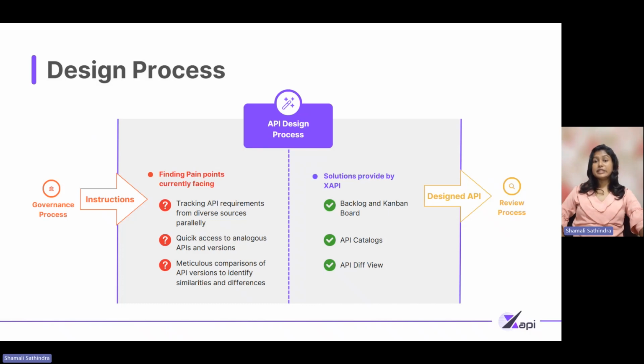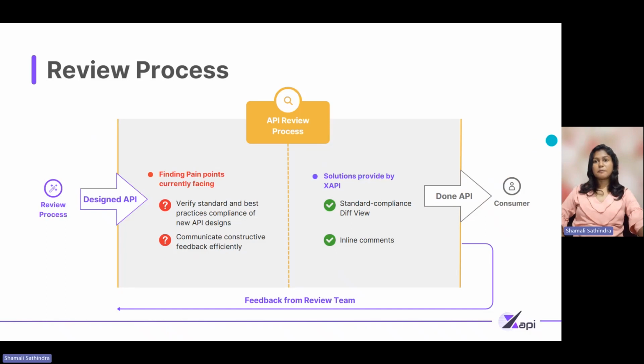The ability to add comments and replies on API code enables the design team to perform conversations related to API design efficiently, and it enhances team collaboration as well. So once the design team is done with the design, they will push the designed API to the review process. So next we can have a look at the review process.